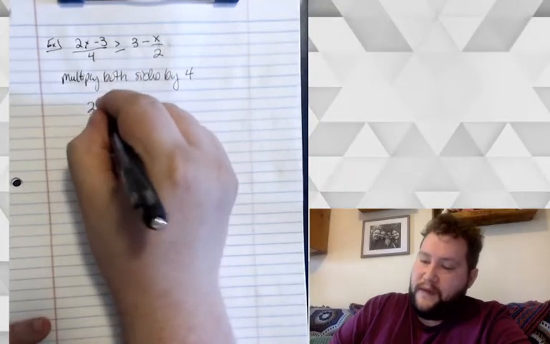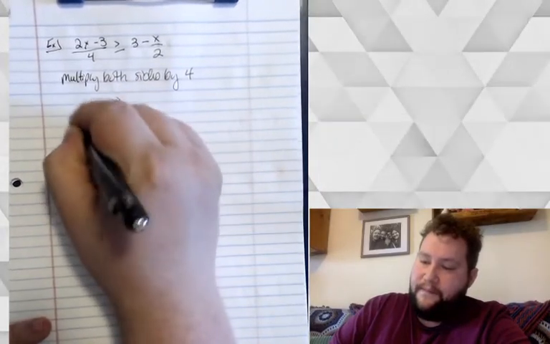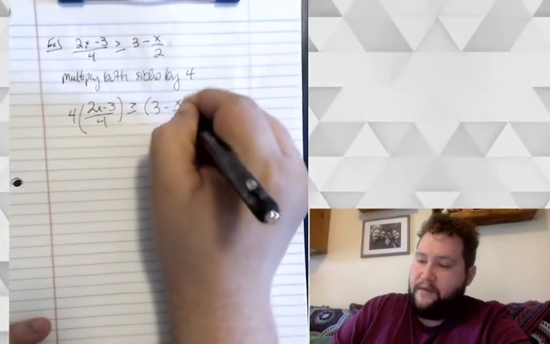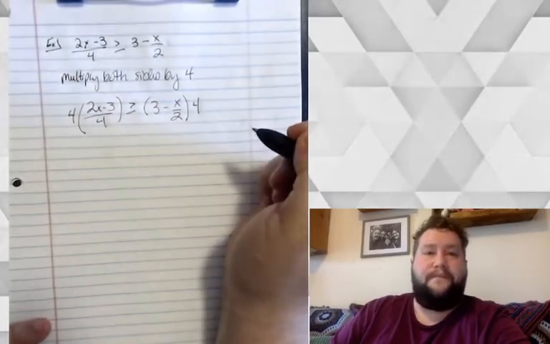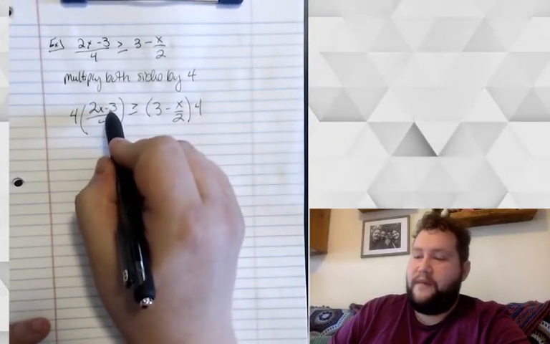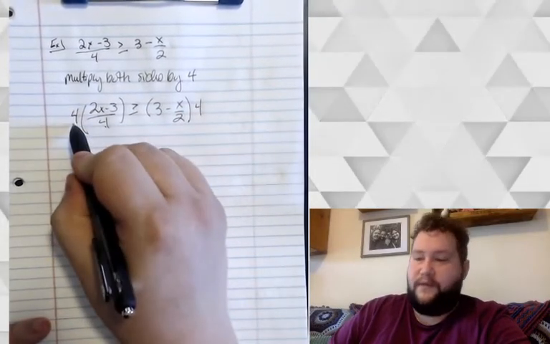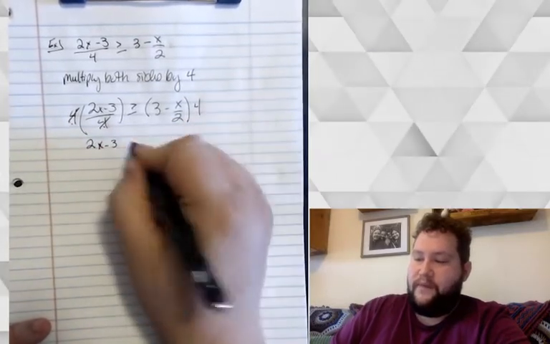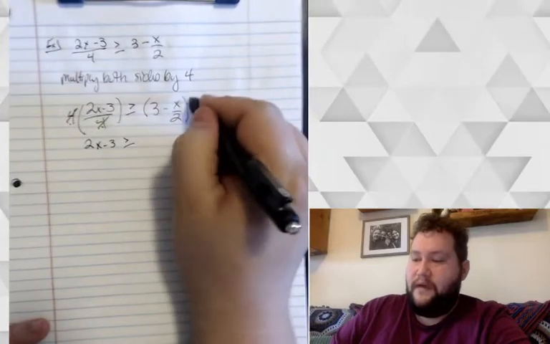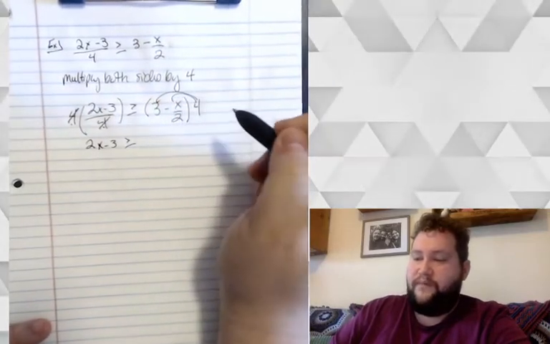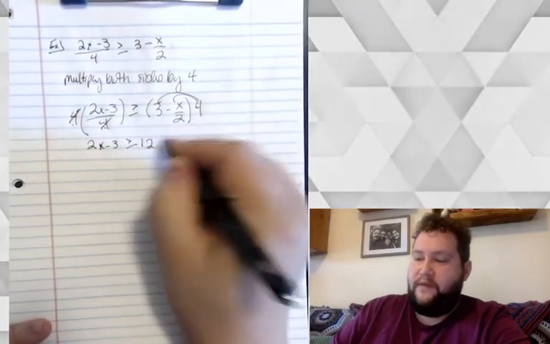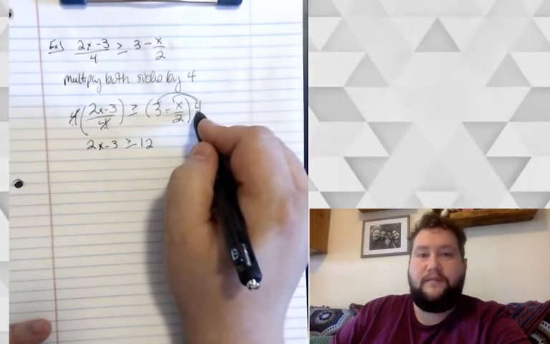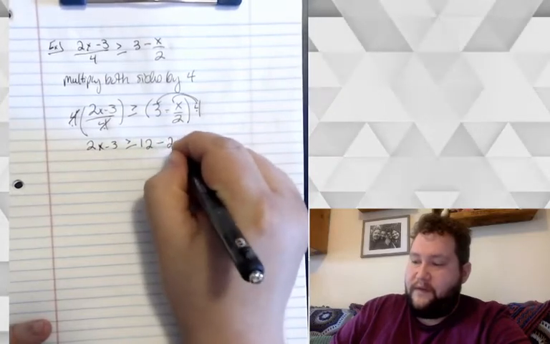So (2x minus 3) over 4 times 4 greater than or equal to (3 minus x) over 2 times 4. Well, if I have 2x minus 3 divided by 4 times 4, those cancel and I'm just left with 2x minus 3, which is greater than or equal to, this one we need to distribute 4 times 3 is 12, minus, if I divide by 2 and then multiply by 4, that's the same as multiplying by 2. So minus 2x.